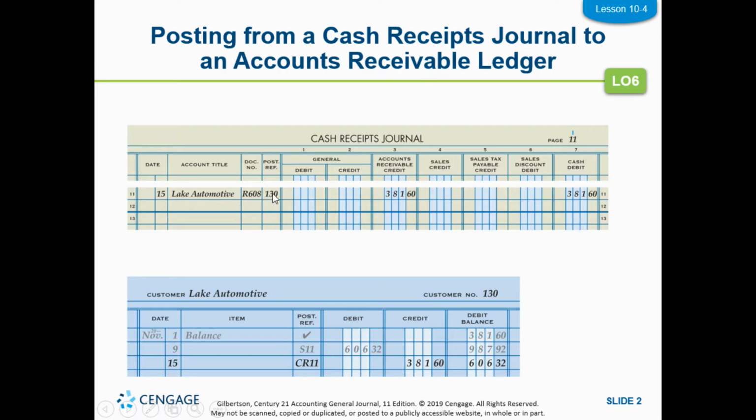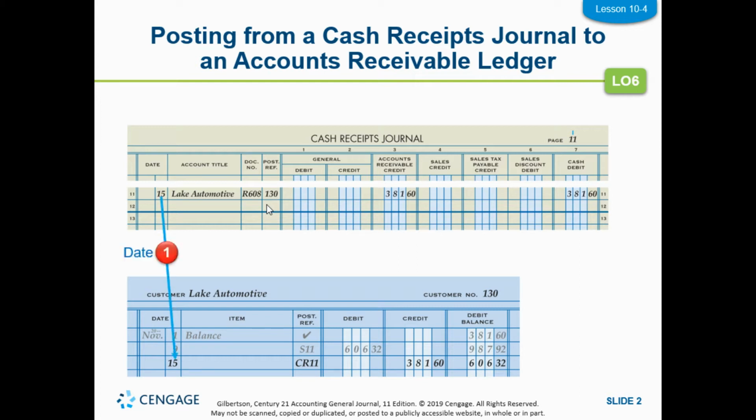Now that's going to need to get posted to the subsidiary ledger for accounts receivable. And eventually, in totals, it'll get posted to the general ledger account for accounts receivable. Now, don't get confused by, why are we posting this twice? Well, the subsidiary ledger is the detail. The general ledger is kind of the summary.